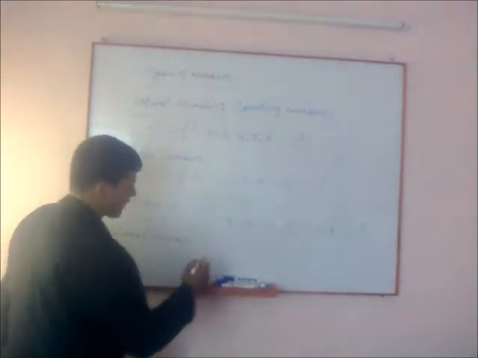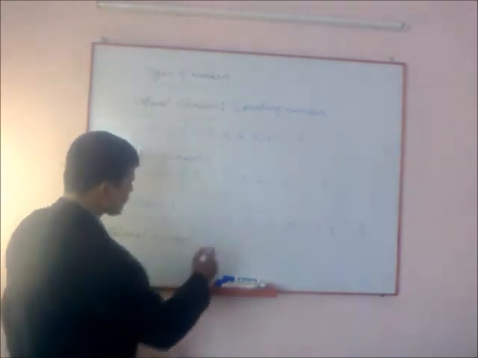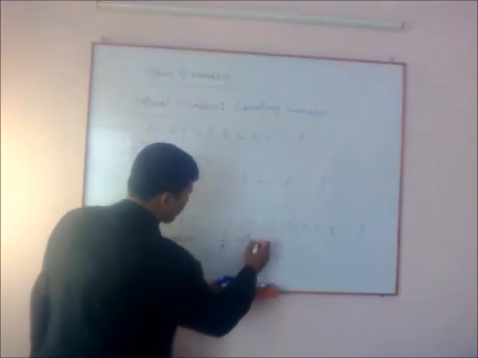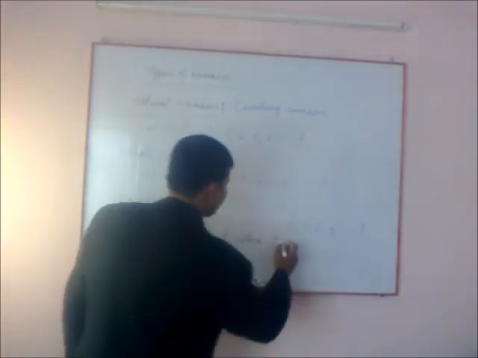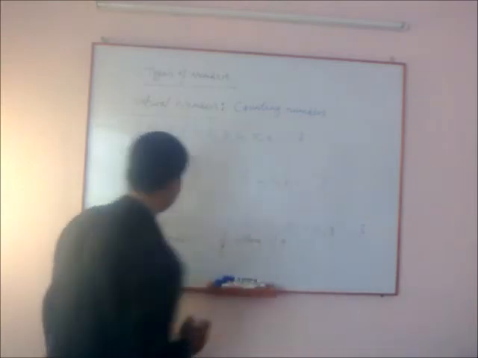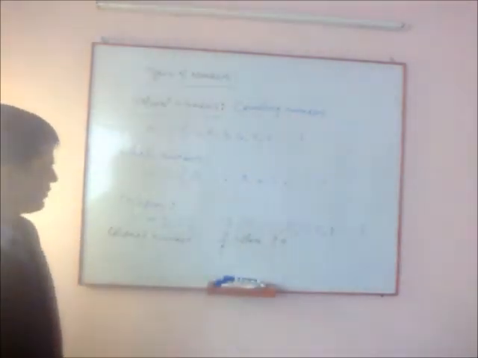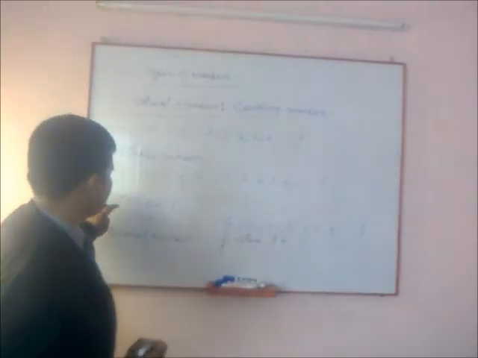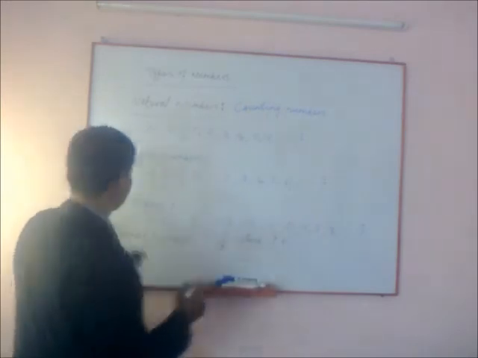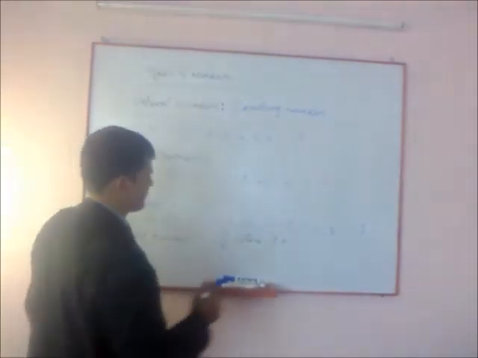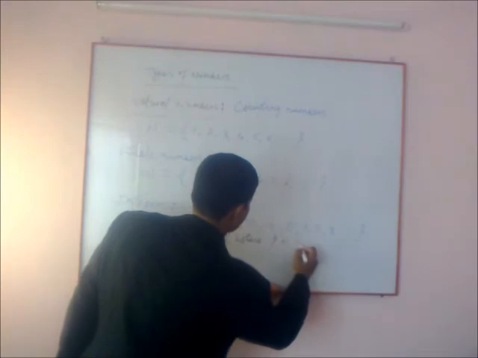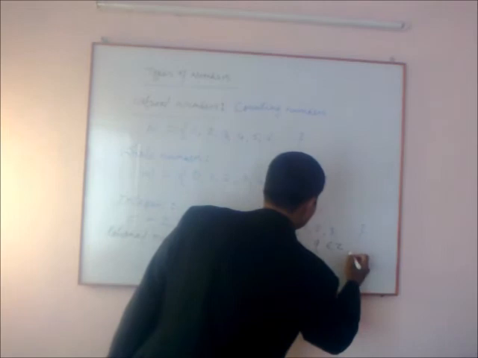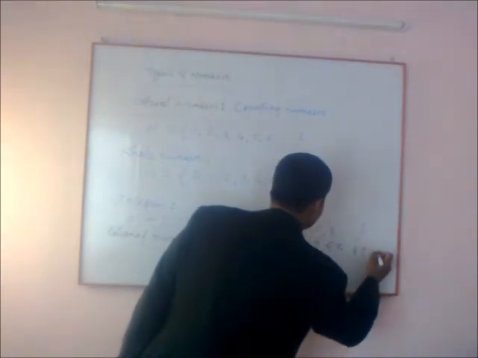Rational numbers are the numbers which can be written in the form of p by q, where p belongs to integer, Z, q also belongs to Z, but q cannot be 0.